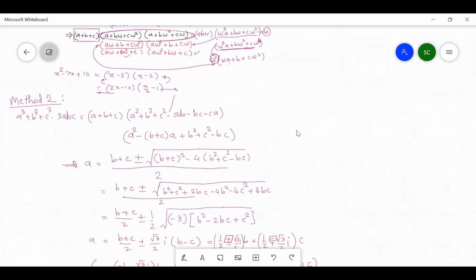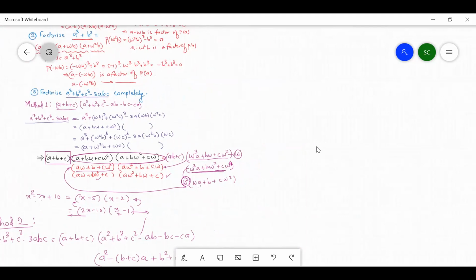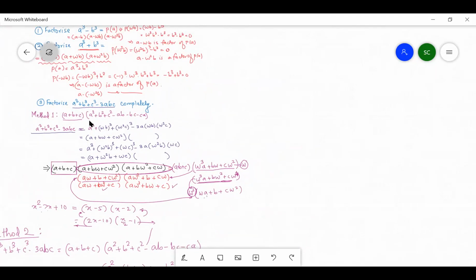So out of that we have got this as a first elegant method, where you write down your given expression, a cube plus b cube plus c cube minus 3abc, in such a way that you exploit the property of omega: omega cube is equal to 1. You are exploiting that property, and therefore you make it look a little different and get another factor. Make it look a little more different and get another factor. That is the technique.